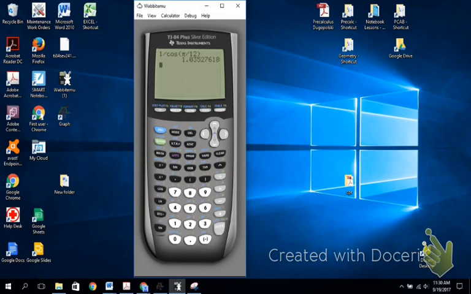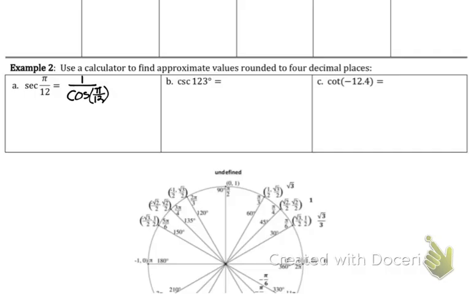Did I just... Yep. I phased out for 1 second. It happens. 1.0353. All right, then you're going to be responsible for the next two.